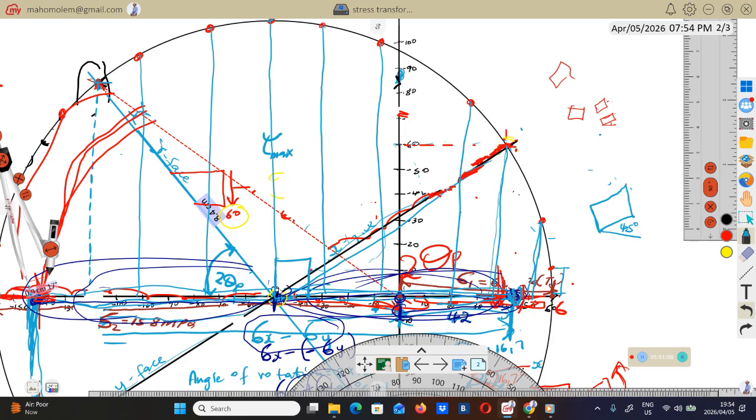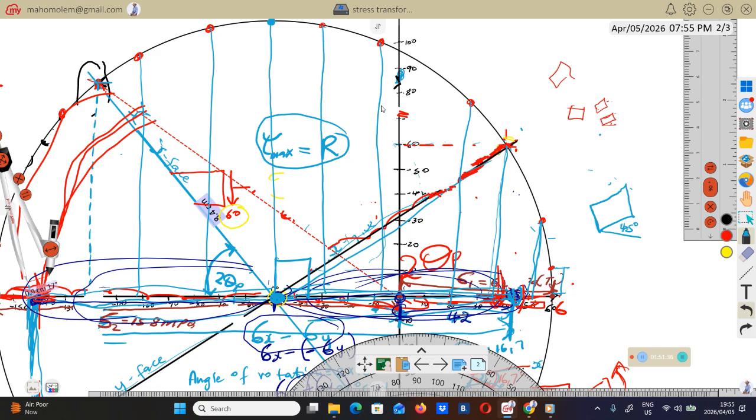So now you can see that this distance from the center to the circumference is what? It's a radius. From here to here, it's a radius. So that's why the maximum shear stress equals the radius.